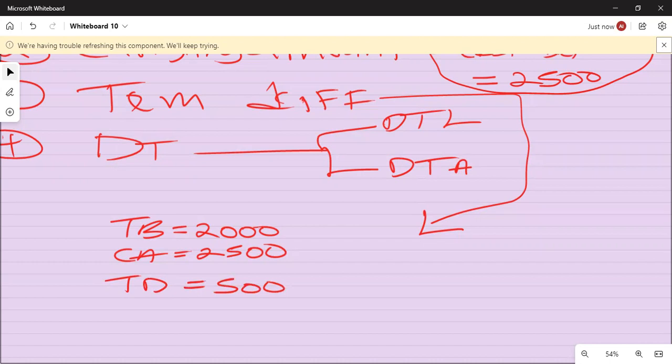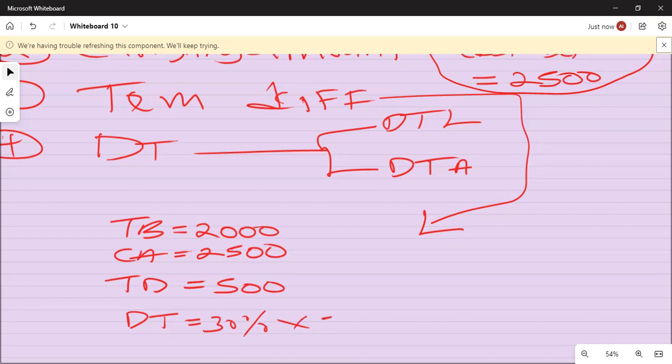Now, like I also made mention that we have deferred tax. Deferred tax will not be the tax rate. Let's say the tax rate is 30%.